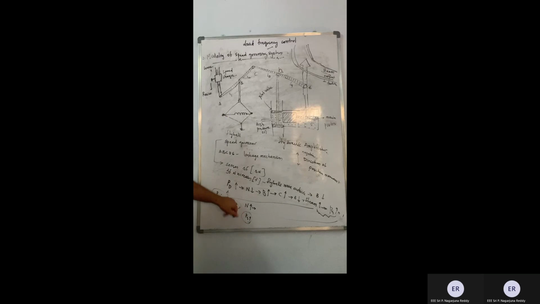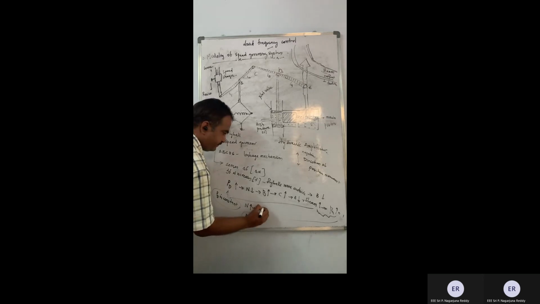If I want to raise the speed, what am I supposed to do? I am supposed to push down A. Now this one will act as a seesaw, because I am not changing B. A is decreased, so automatically what will happen to C?